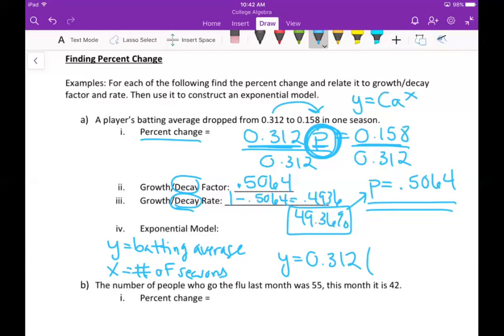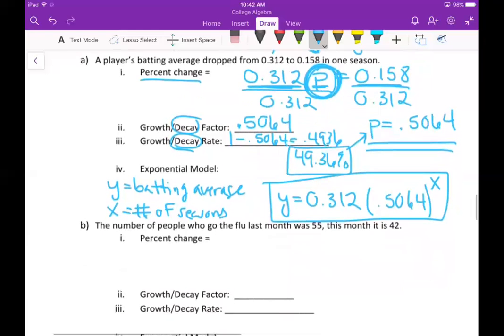I'm going to take that times my decay factor, which is 0.5064, for every season that passes, if that percent change continues for this player. Okay, so again, decay always tends to be a little bit harder.